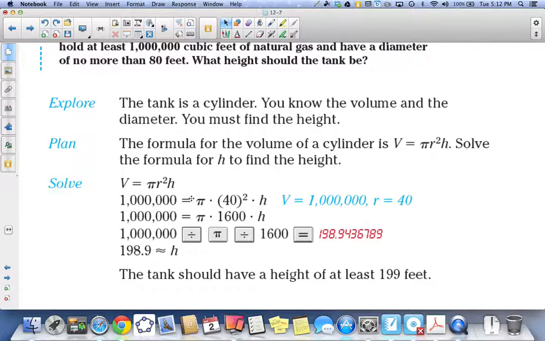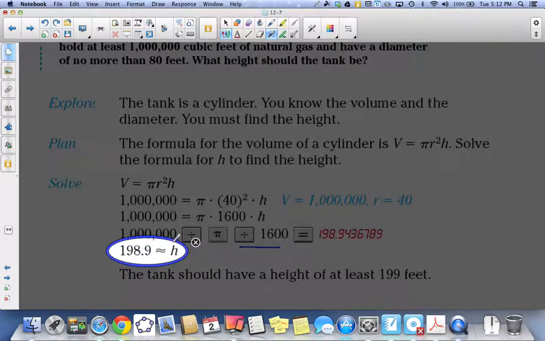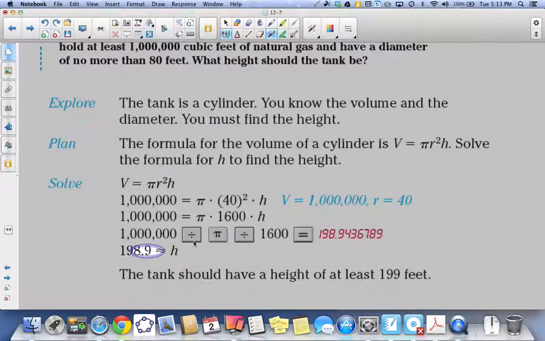When you solve for h, to isolate h, we need to divide both sides by pi and by 1600. That's the reason why you have these two divisions in your calculator, dividing both sides by pi and by 1600. You end up with the height of the tank, which is 198.9 feet.